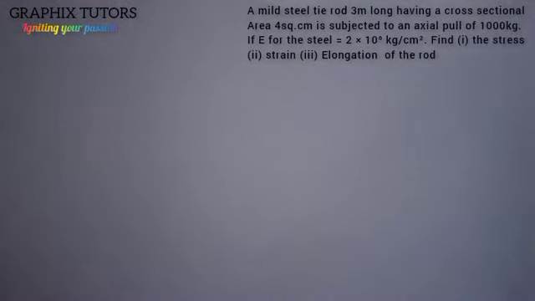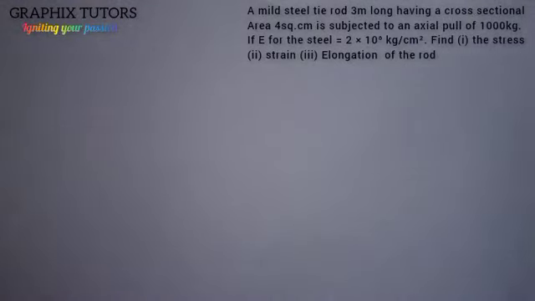Now, the next thing, we have the E for the Young modulus, which is given as 2 times 10 to the power of 6 kilogram per centimeter square.